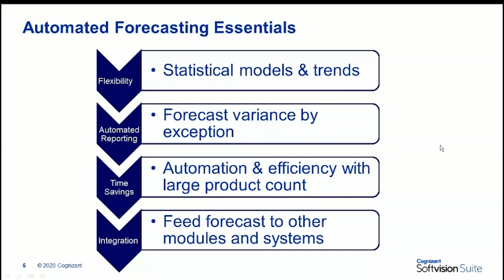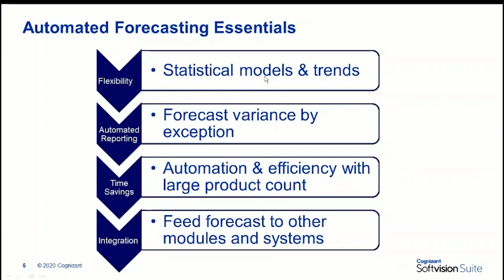Okay, so to begin with the essentials of automated forecasting. Now more than ever, we are all dealing with this constantly changing environment and world due to our current circumstances. So it's critical for you as retailers to efficiently and regularly manage your demand to best optimize your inventory.